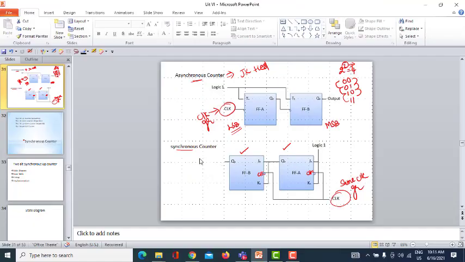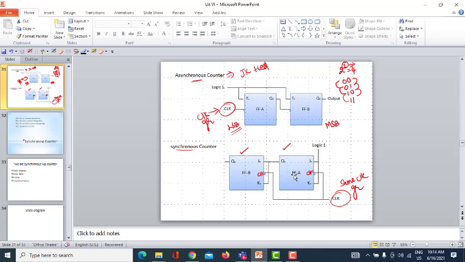In a synchronous counter, whenever you are applying a clock, all the flip-flops will be triggered at the same time, meaning you will be giving the clock at the same time. So, the response will be faster in case of your synchronous counter.